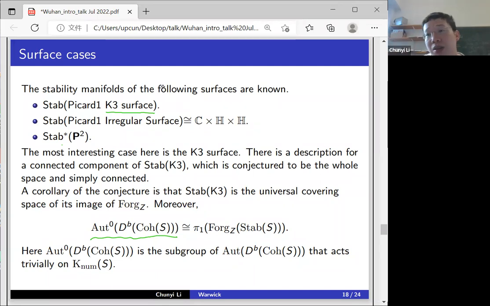For the K3 surface case, we only know it has this generating set of spherical twists, but people have no idea about the relations of the spherical twists at all, with the only exception that when K3 is generic, namely of Picard number 1, that's the only case where this conjecture is solved. People understand what actually happened here.